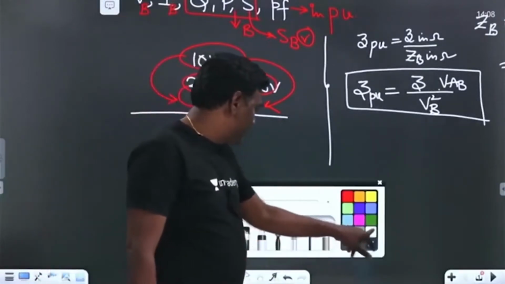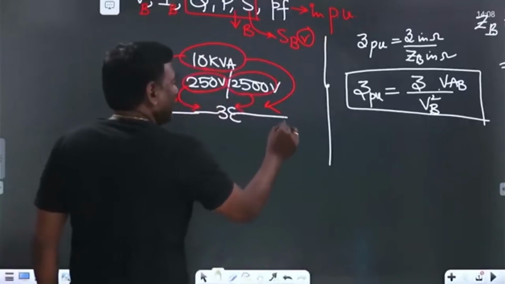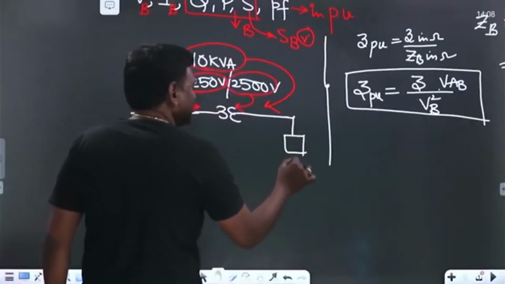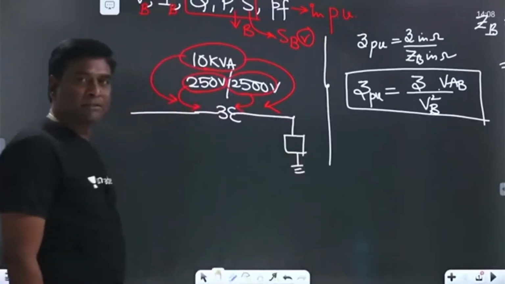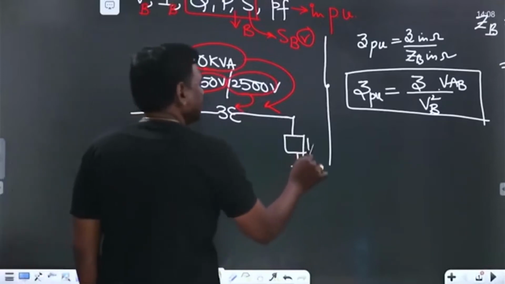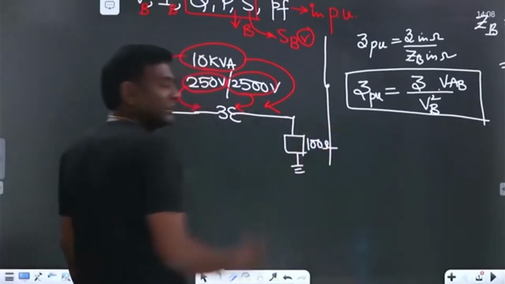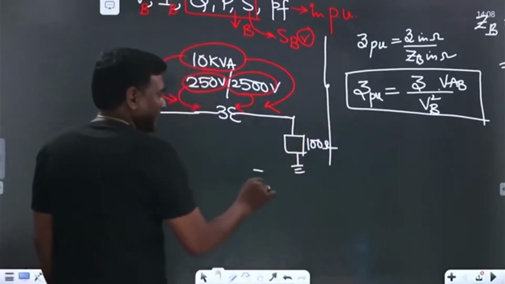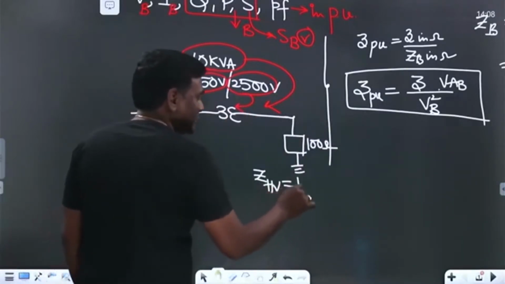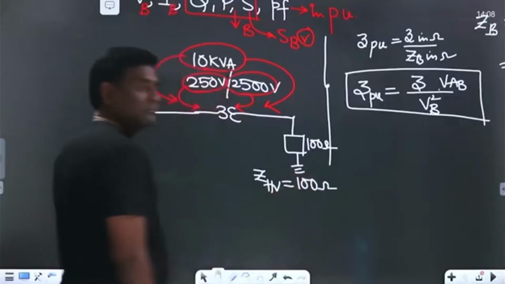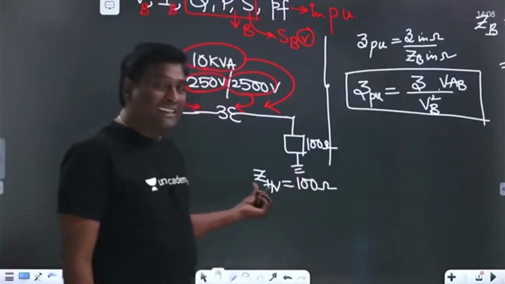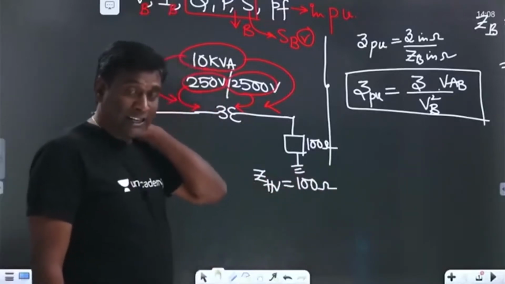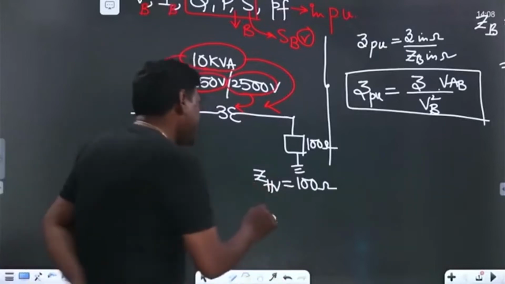Now, see, if I have maybe some impedance here of maybe 100 ohms. Now my Z value on HV side is going to be 100 ohms. Let me convert it into per unit value.